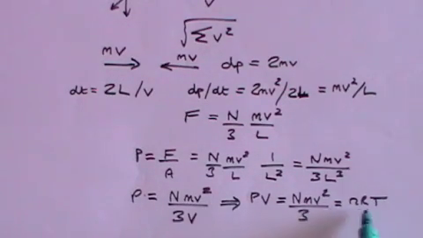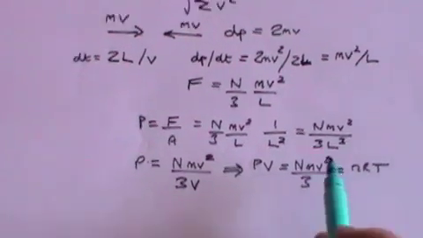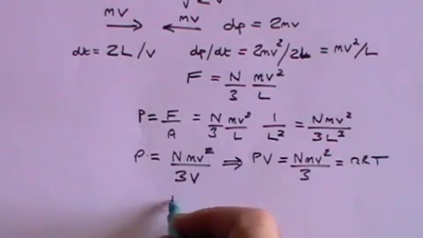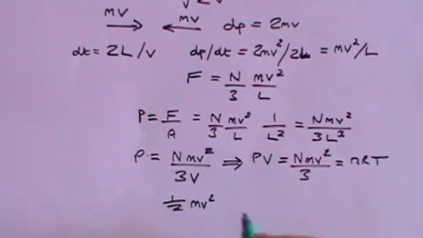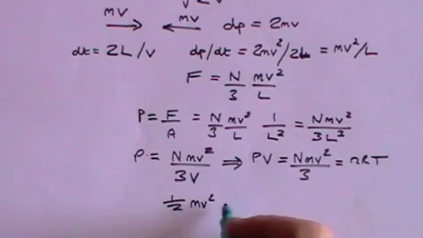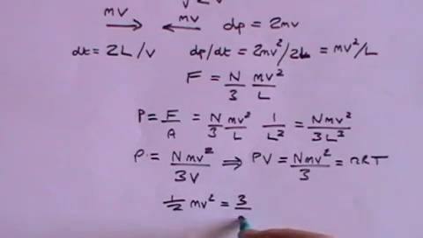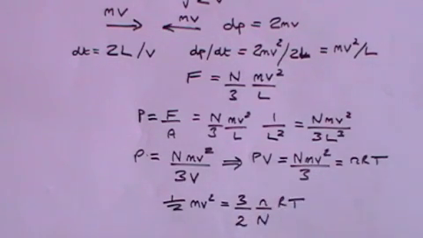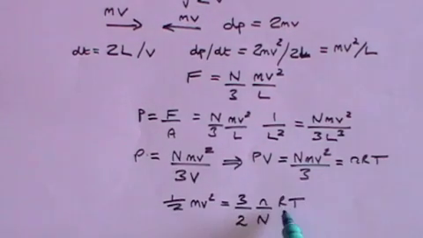And if we rearrange this equation here, we get that a half mv squared, which of course is the energy, equals 3 over 2 N over n RT, where n is the number of moles, N is the number of molecules, and R is the molar gas constant.